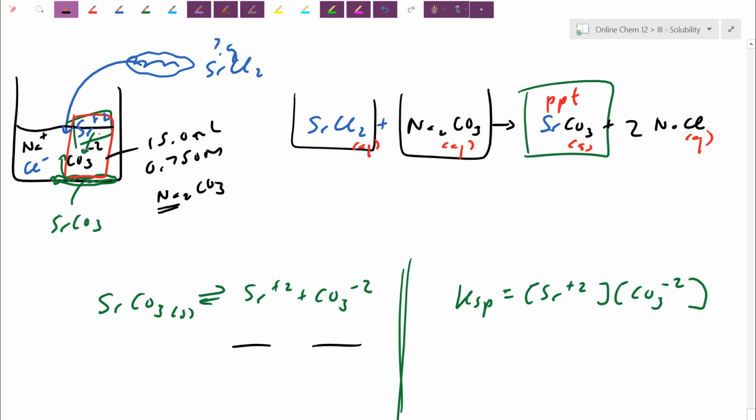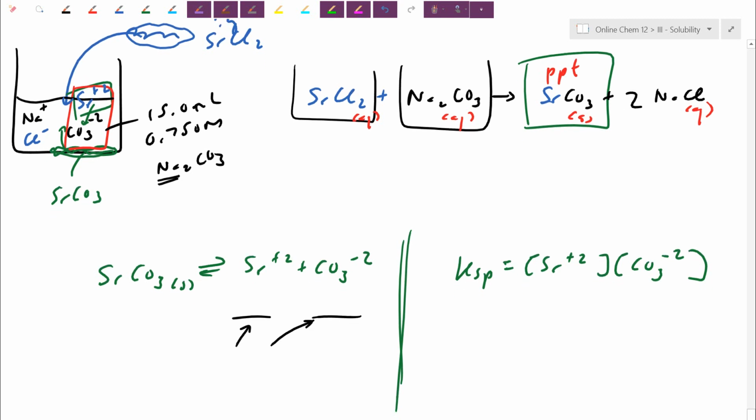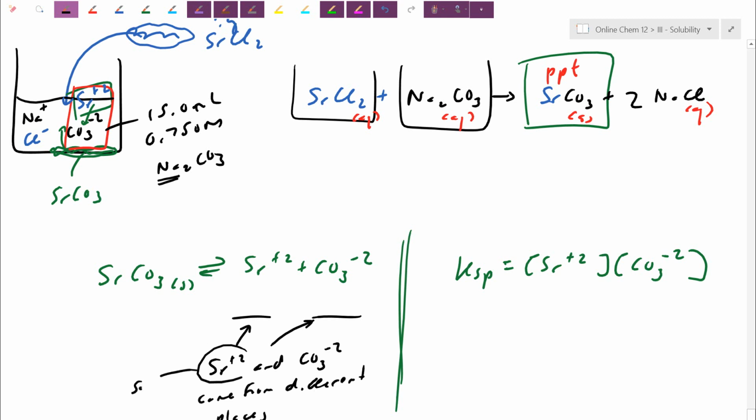Because they were from two totally separate mixtures, the strontium and carbonate come from different places. The strontium came from solid SrCl2. The CO3 came from the solution of Na2CO3.